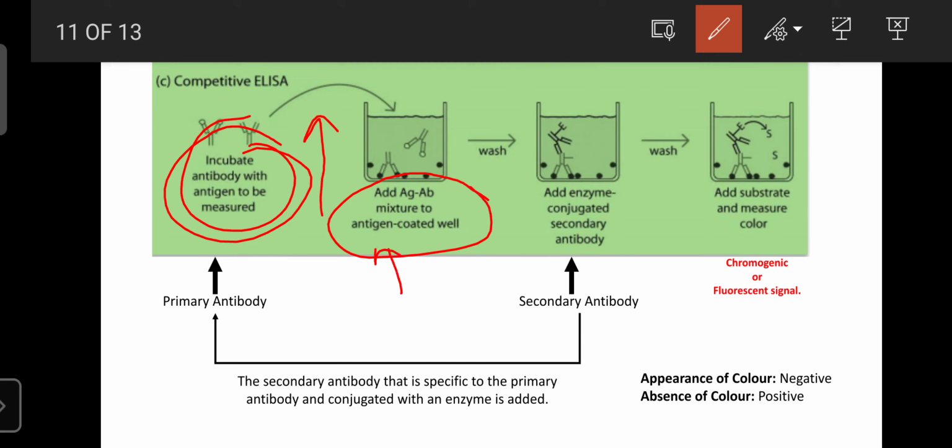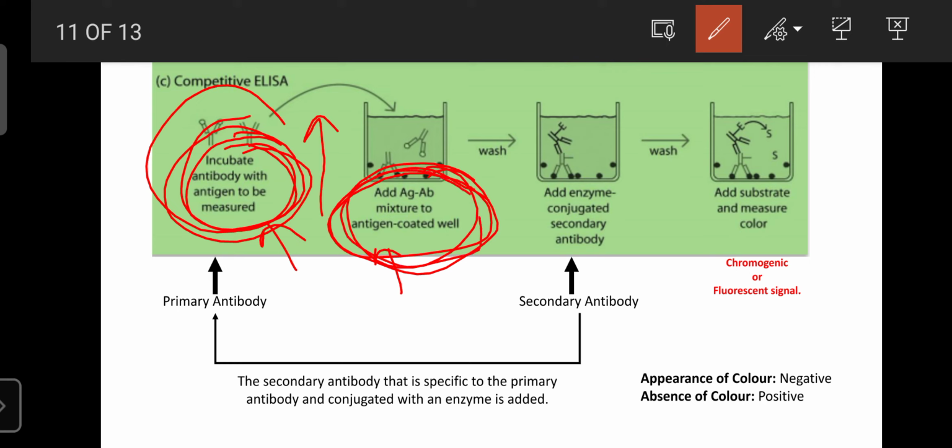Since the antigen is coated on the well, and the antigen is also present in the patient, if the patient has it, the complex forms and remains in the solution. If this complex is not formed, then the antibodies form a complex with the antigens coated on the well.